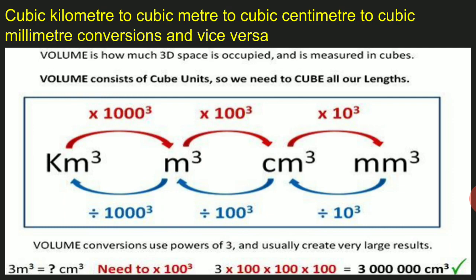And vice versa, when we are converting from small to big, we divide, and when converting from big to small, we always multiply. So for example, if I have to convert 3 meter cube to centimeter cube, I will write it as 3 into 100 into 100 into 100, that is 3 into 10 raised to 6 centimeter cube.